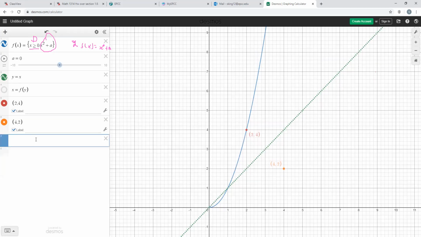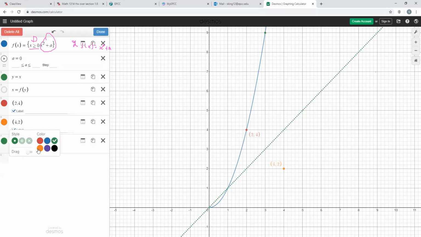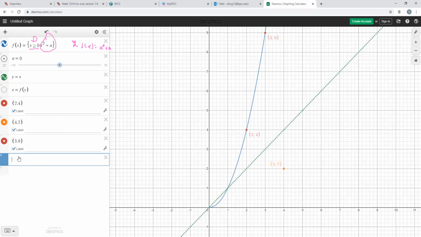So if we do this again, 3, 9 on the original graph, and let me just change this to the same color. So let's say the red, and let's label it. Then when you invert it, that point, which is one part of inverting this whole blue half parabola, well then when you invert the point 3, 9, of course, we're going to get 9, 3.